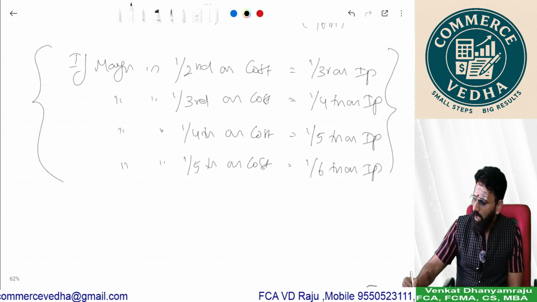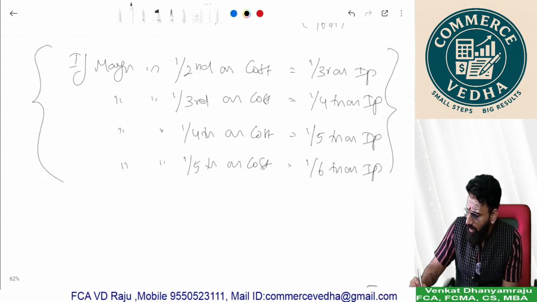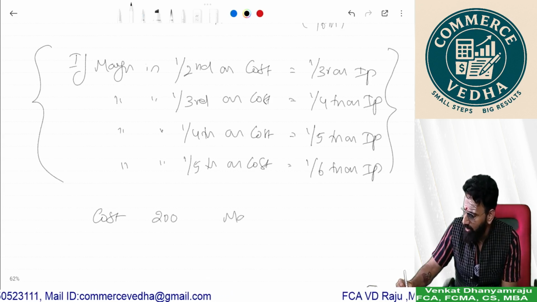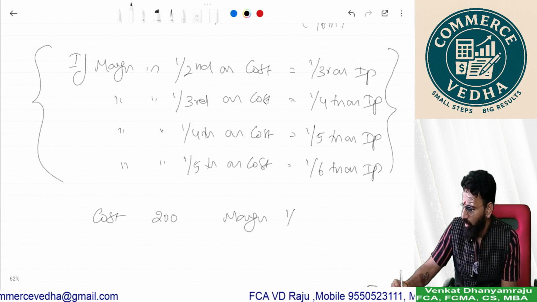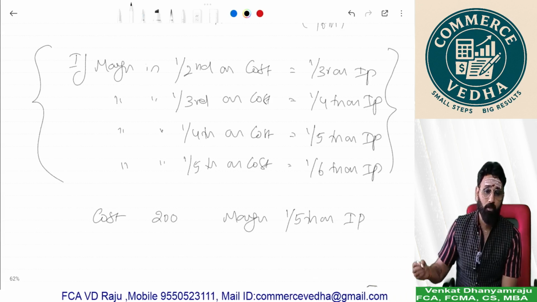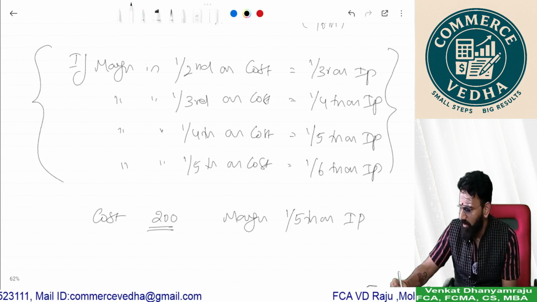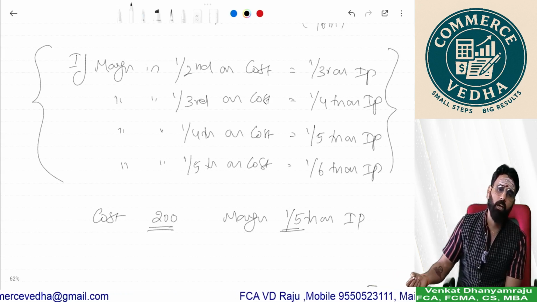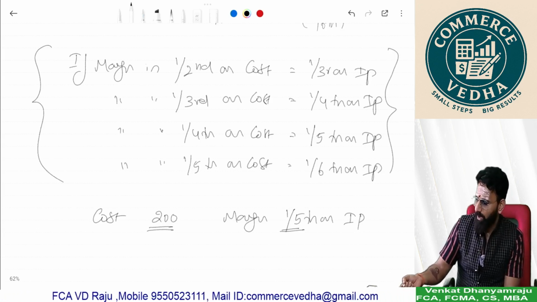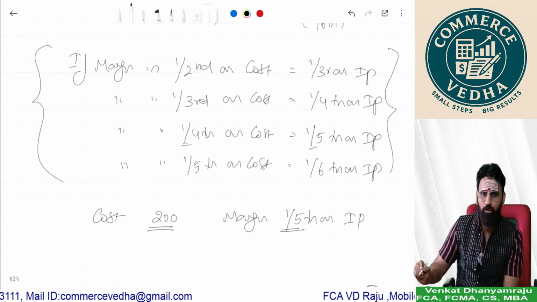I'll prove this. Suppose cost is 200 and I have been given margin 1/5 on invoice price. I have cost, but the margin is given as 1/5 on invoice price. I should identify what is the margin on cost. Simple. 1/5 on invoice price equals 1/4 on cost.